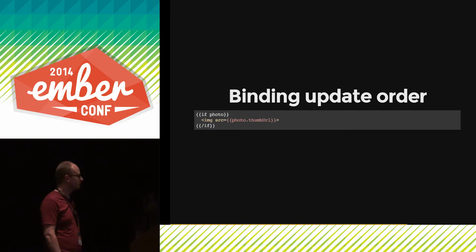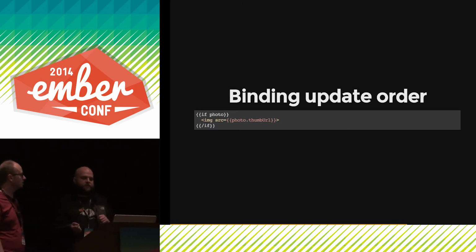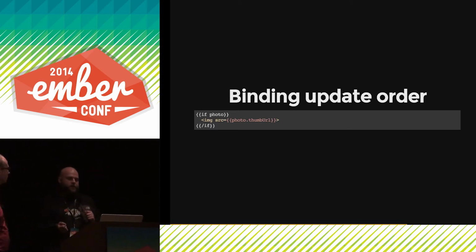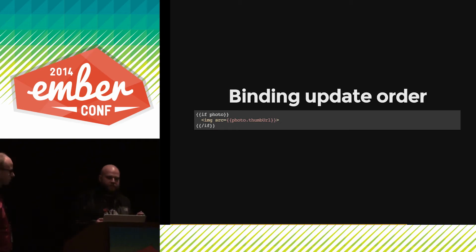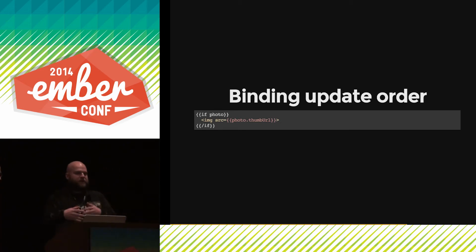So the TLDR of how this works is basically, instead of immediately going and updating everything that is observing photo when photo changes in this example, we do kind of what computed properties do. We tell everybody, hey, we know this thing's going to change. And then we basically know the highest priority, the parent-most view that cares about photo.